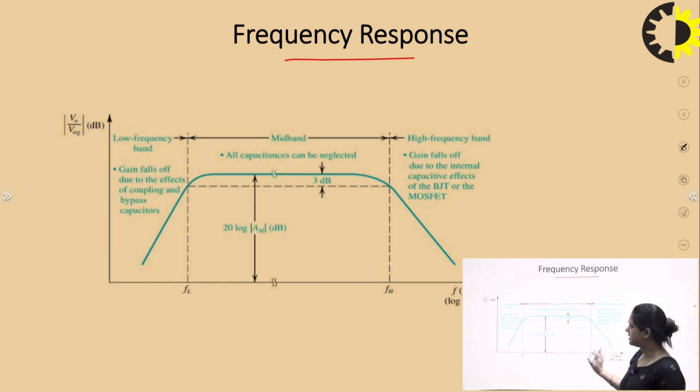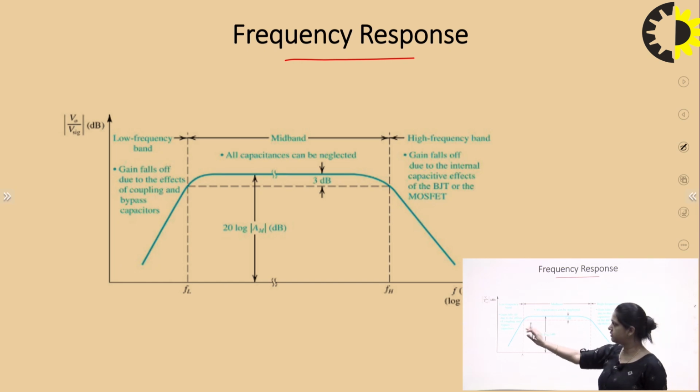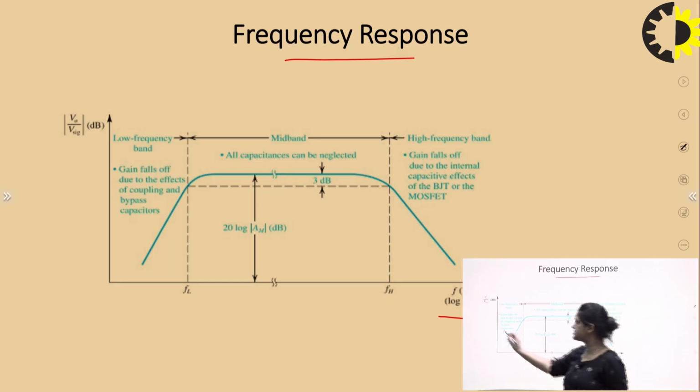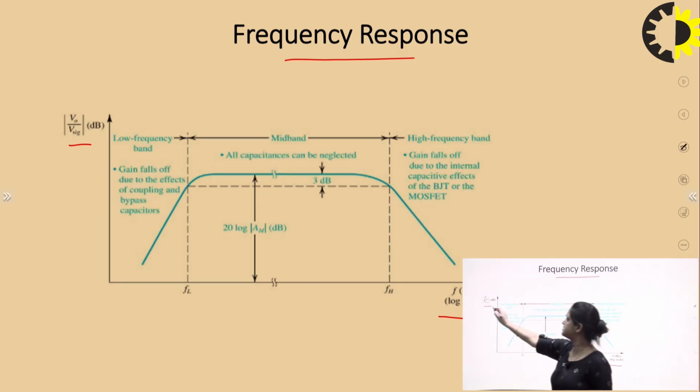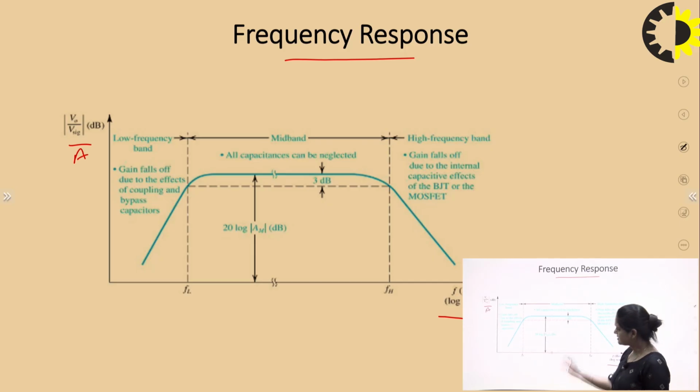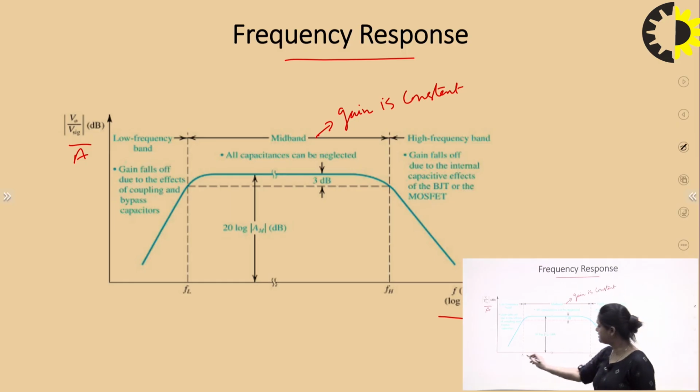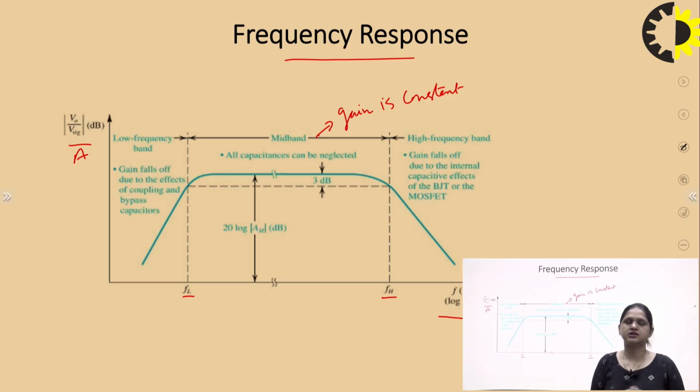Here you can see that this graph is drawn between frequency, which is on a log scale, and gain A, which is in dB. From this diagram, it is clear that at mid band, gain is constant. That means within this range, FL to FH, there is no change in the gain.